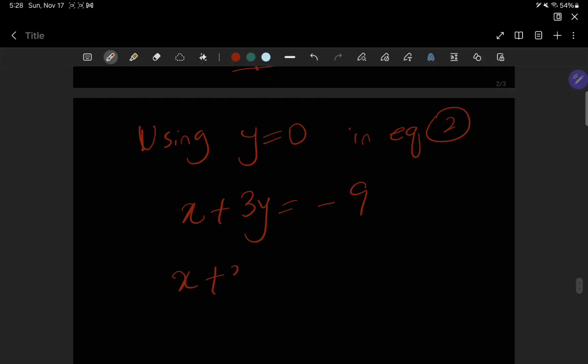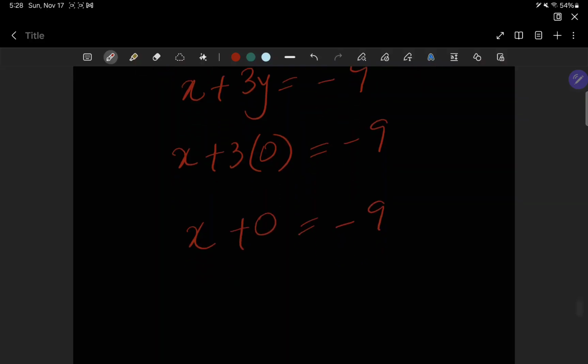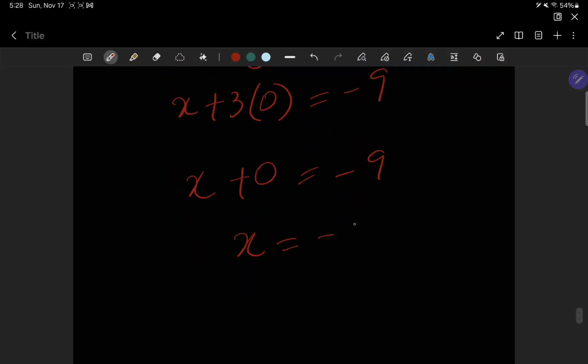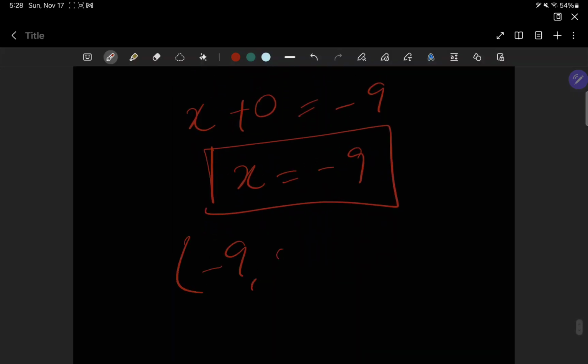So x plus 3 times 0 equals minus 9. Anything you multiply with 0 is 0. So x plus 0 equals minus 9. X equals minus 9. So your answer is minus 9 and 0.